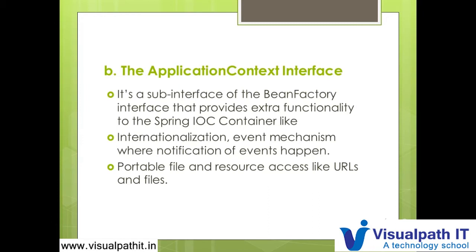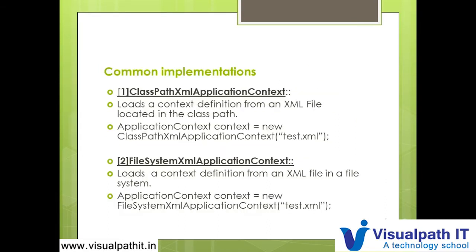Next, let's go ahead with the ApplicationContext interface. It is a sub-interface of the BeanFactory interface. As I already told, it provides extra functionality to the Spring IoC container, for example internationalization, an event mechanism where notification of events happens, and portable file and resource access.